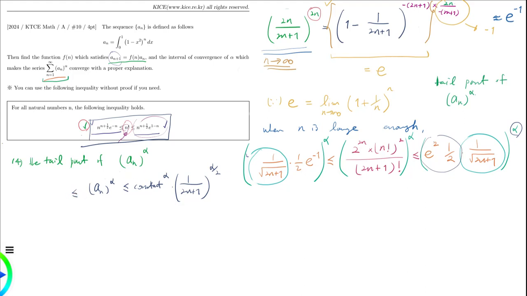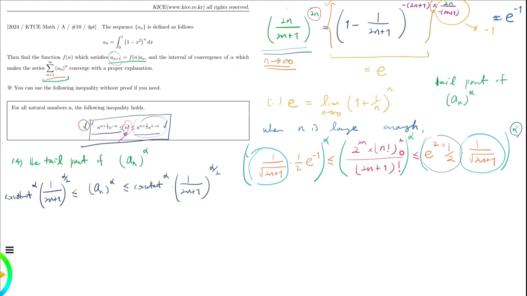For the lower bound, we have the same: another constant to the alpha power times 1 over 2n plus 1, its quantity to the alpha over 2 power.